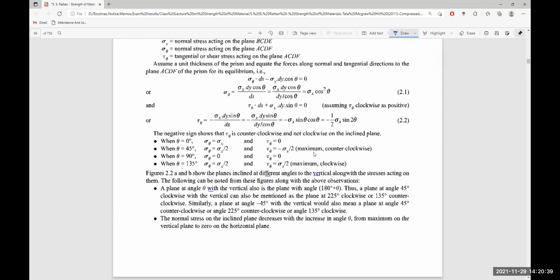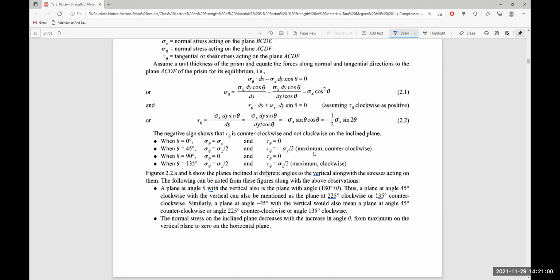The plane at an angle theta with the vertical is also the plane with an angle 180 degrees plus theta. Thus, a plane at 45 degrees clockwise can also be mentioned as a plane at 225 degrees clockwise or 135 degrees counterclockwise.